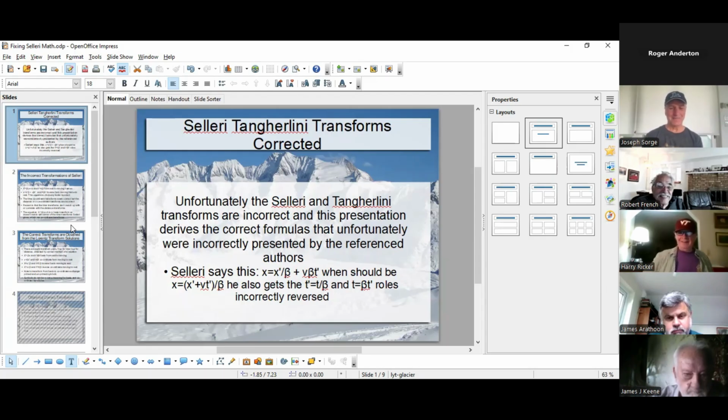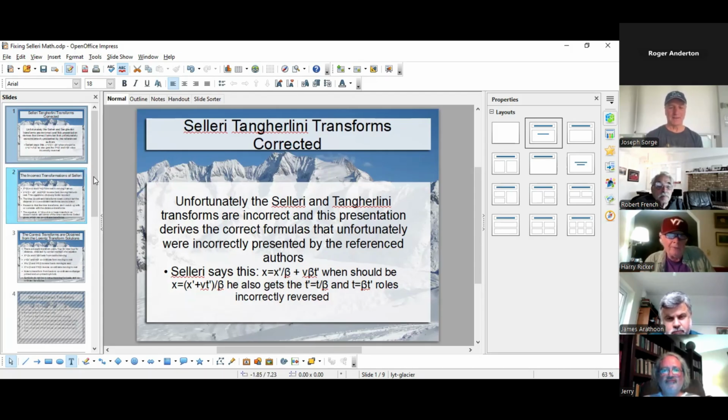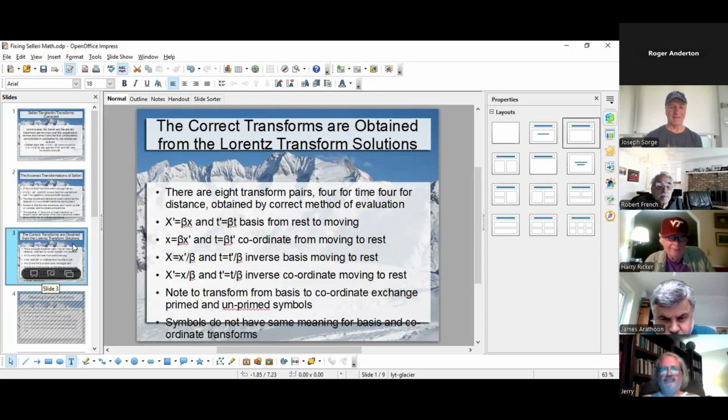It becomes the Lorentz transform if you put in vt instead of v beta t prime. No, it works the way I show it, which is you don't get these equations when you do it. Solari doesn't get the correct equations. Here are the correct equations. Solari doesn't get them.